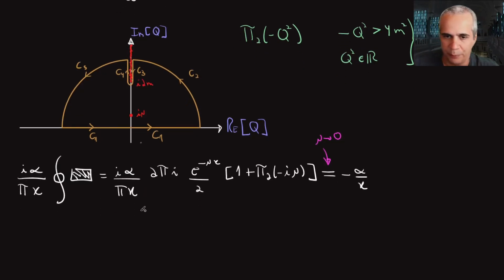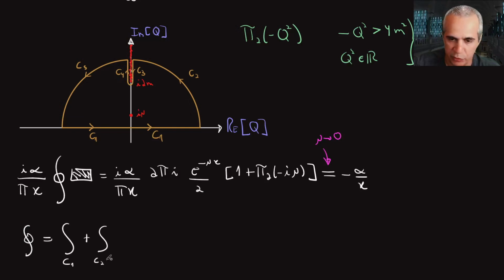So we know that this integral in the whole closed path is equal to the integral over C1 at the bottom, plus the integral over C2 plus the integral over C5.